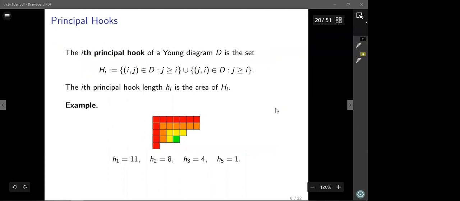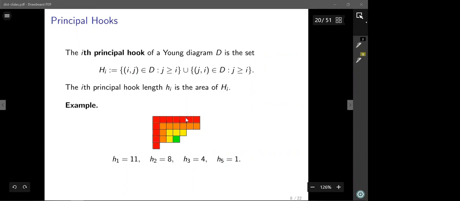Now, here's my first definition that is maybe not completely standard, but it's going to play a very important role in this particular talk. By the ith principal hook of a Young diagram, I mean, here's a formal definition, but it's easier to see from this example. The first principal hook consists of these red boxes. I take all the boxes in the first row and the first column together.